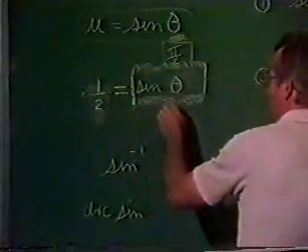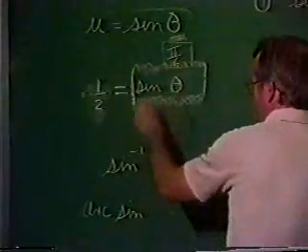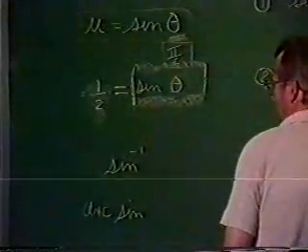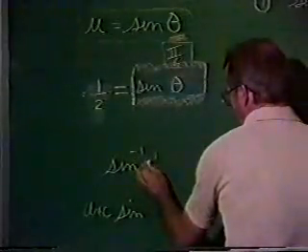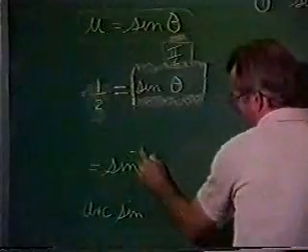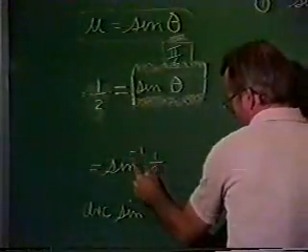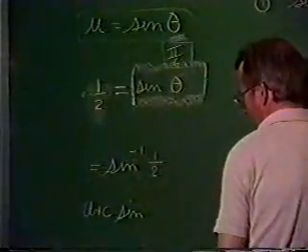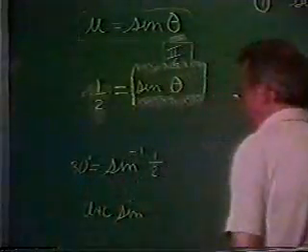And what you said is, what angle do I need to put in here that gives me 1/2? Well, this is what arc sine is saying. What angle of sine gives me 1/2? And the answer is 30 degrees.